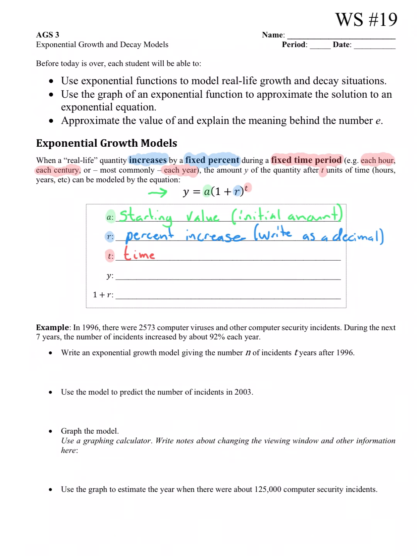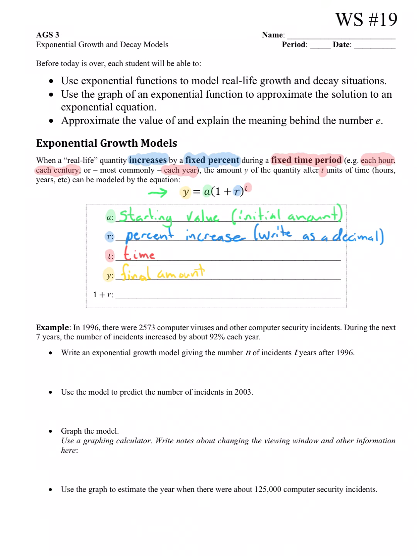And then the last variable here is y. That represents the final amount. What's 1 plus r? We're going to talk about that in just a second here.